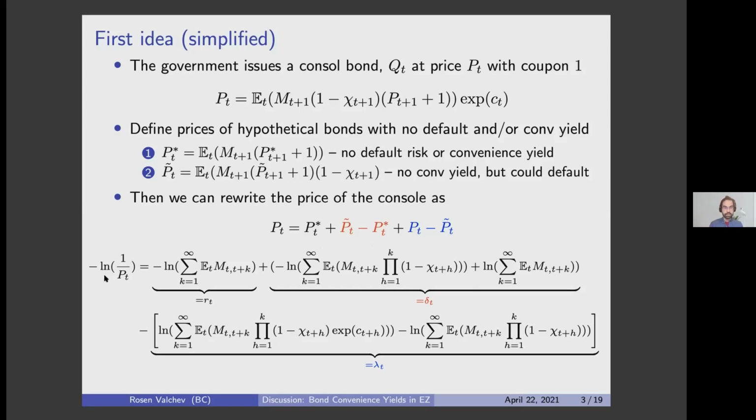Now, I can also iterate on this Euler equation, take logs and so on. Basically, what you're going to get is that the value of this bond today, and I've expressed it in terms of a yield here, negative log 1 over P. The yield here could be viewed as a term that comes from this pure risk-free rate, let me call it r_t, so no default, no risk, the default component delta_t, and then the convenience component lambda_t. Note that these are all sums.